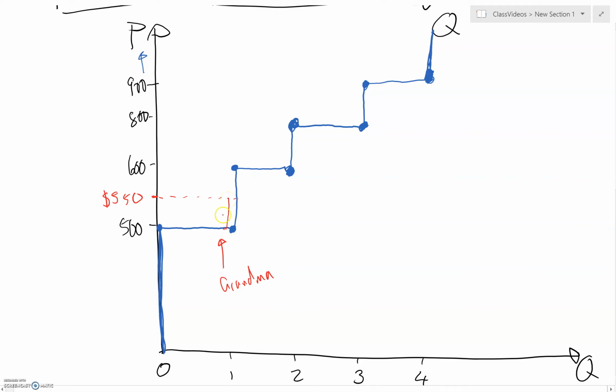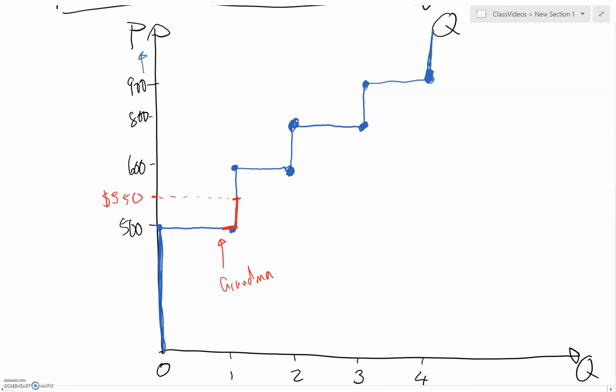So her benefit from participating in the market when the price is $550 is $50. She sold something for $550, which cost her $500 to produce. If we think about this in terms of areas, the height is the difference between her marginal cost of $500 and the price she sold it at, $550. That's the benefit per item that she gets.